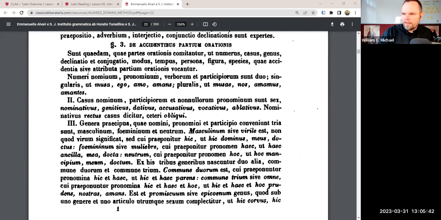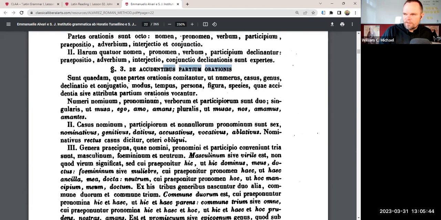So we're currently in lesson 3, which is De Accidentibus Partium Orationis, which means on the accidents of the parts of speech. So we've been talking about the accidents of the parts of speech. In the first talk on this lesson, we talked about the 10 different accidents, and we've been working through them little by little. We then studied the numeri nominum, the numbers of nouns.